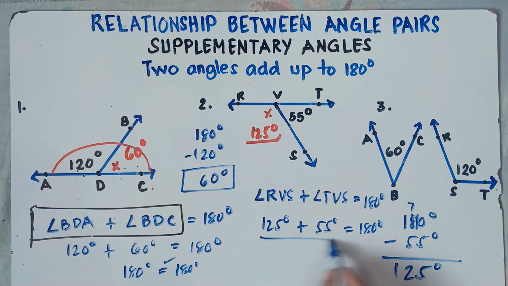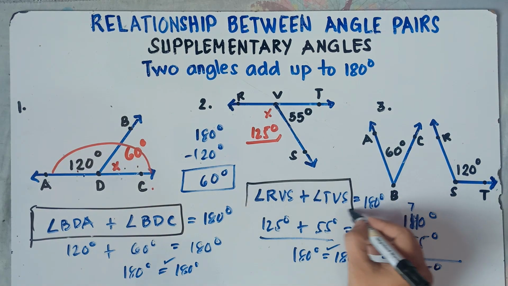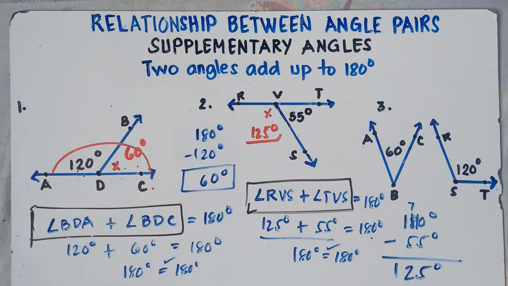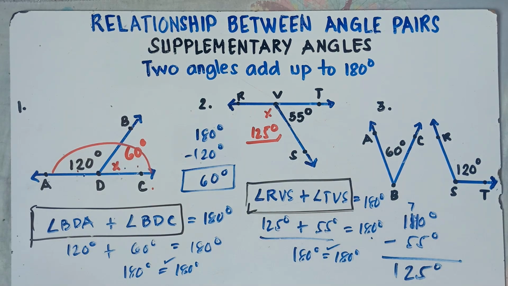So if you add the two angles up, you get 180 degrees. So therefore, 180 degrees equals 180 degrees. So these two angles are supplementary angles. Angle RVS plus angle TVS equals 180 degrees. Therefore, the two angles are supplementary angles.